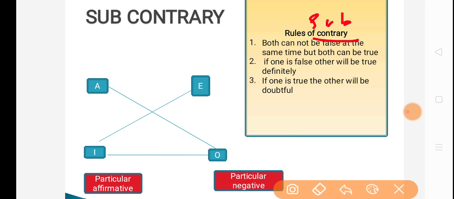What it says: both cannot be false at the same time. But what does it mean? Both cannot be false at the same time. If one is false, the other will be true definitely. But both can be true.